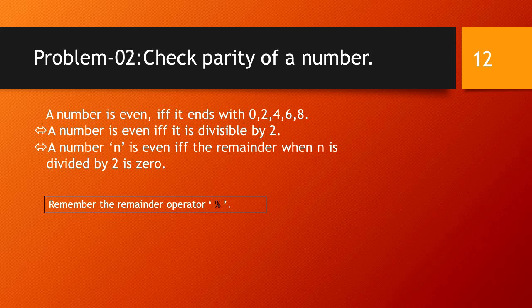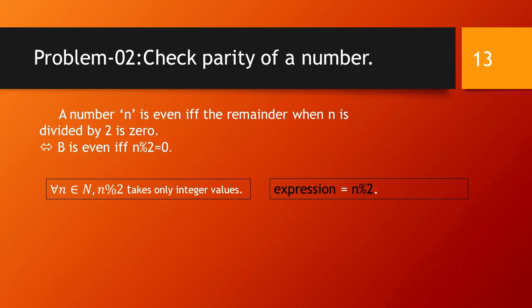Can you think what will be the expression in the switch statement? If the number is n, then we want to check the remainder when n is divided by 2 as 0 or 1. If it is 0, then n is even, otherwise odd. Hence, we write the code.